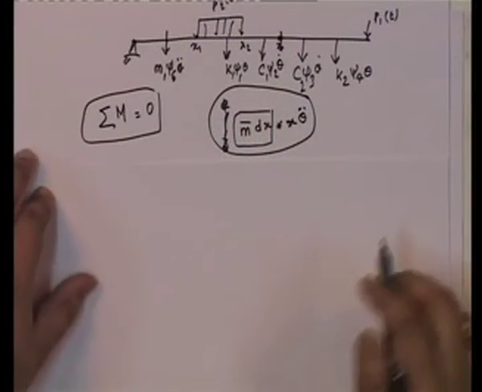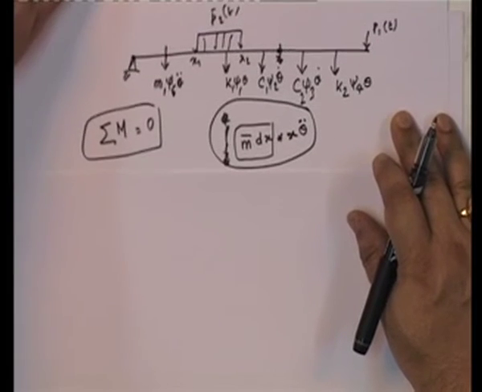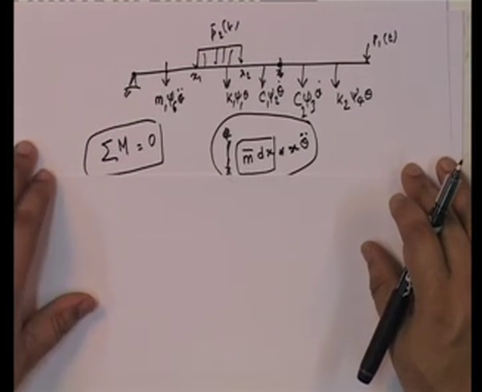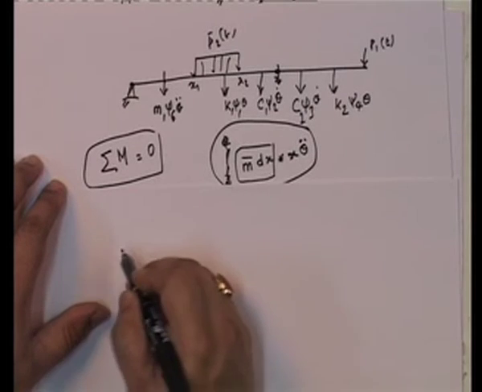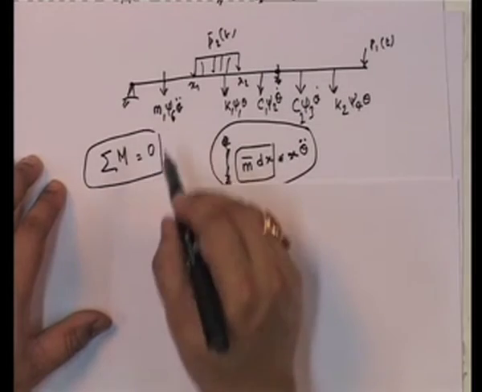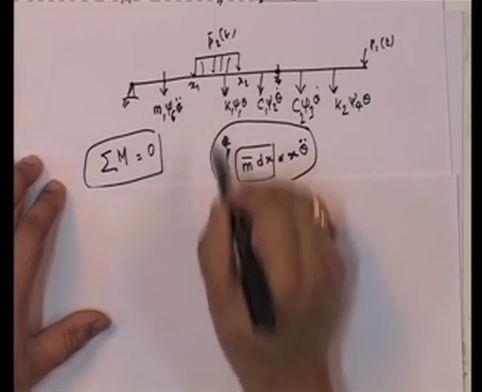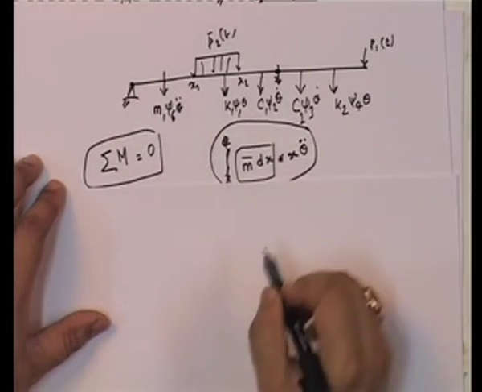So, I am going to take moments about this particular point, and I am going to keep this on the top and show it at the bottom here. If you look at this, these are the forces. I am going to take moment about the axis, and all of them are going to give you clockwise moments.